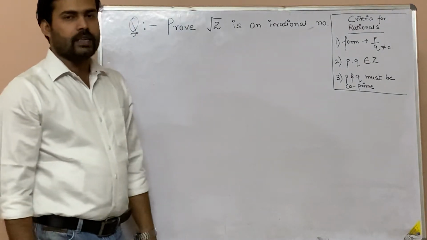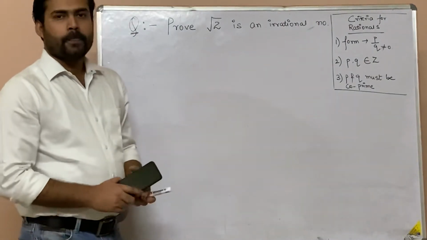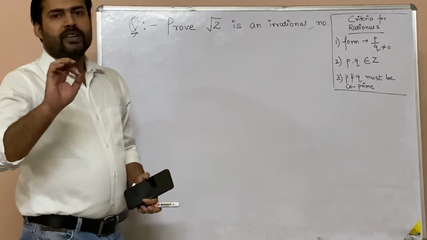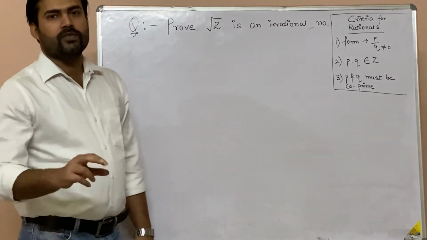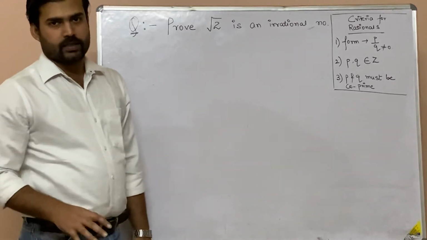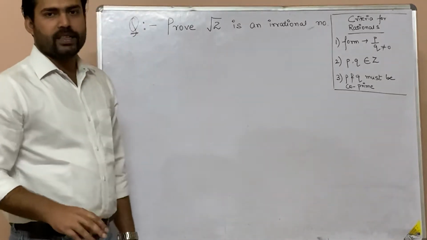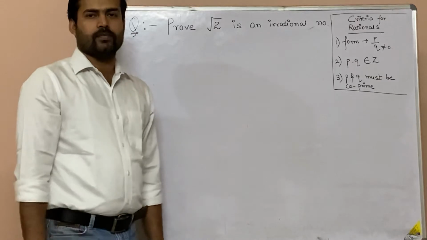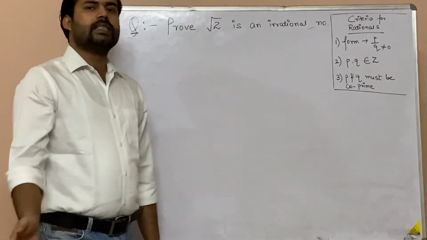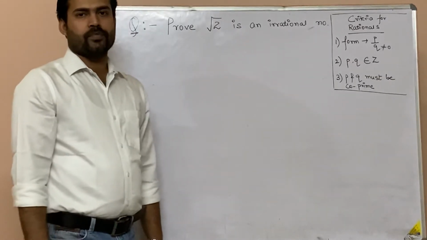Now before I begin, just remember one thing, that we have two particular methods to solve any question in mathematics. The first one is the normal approach. That means the question is given and you try to find out the answer. The second one is contradiction.